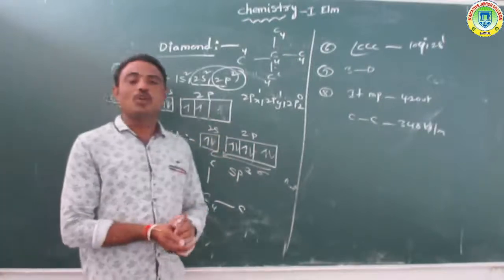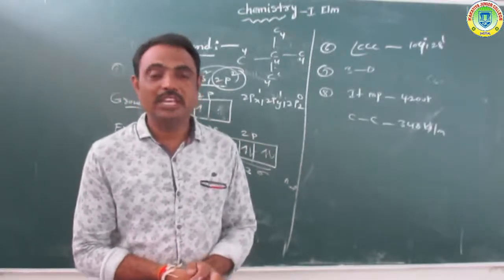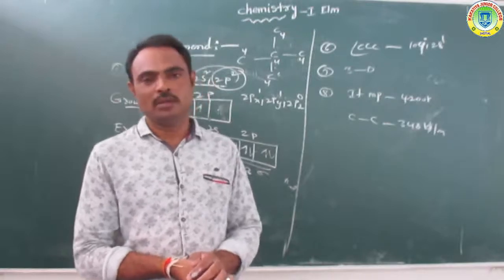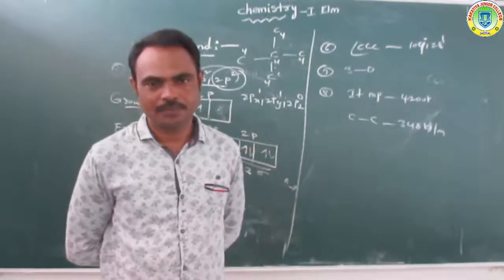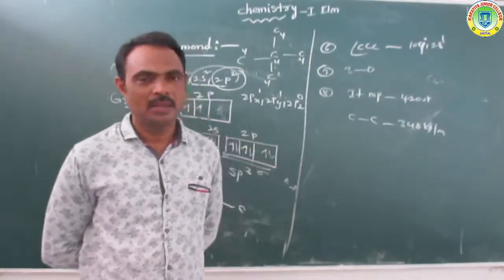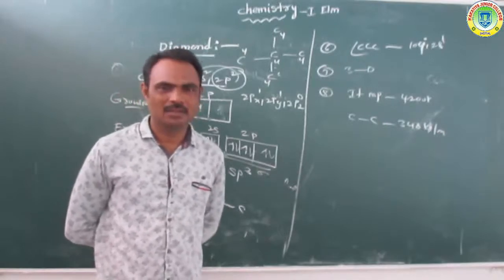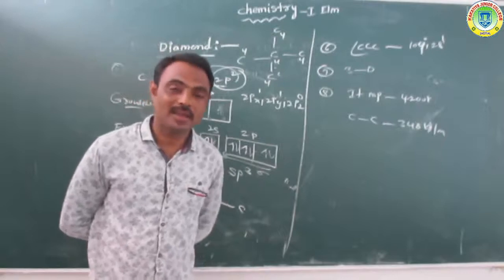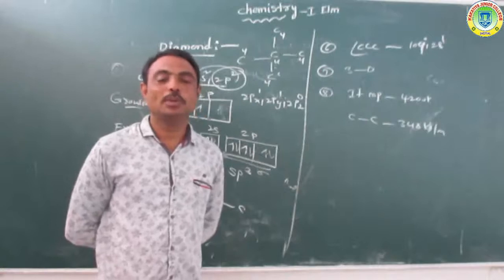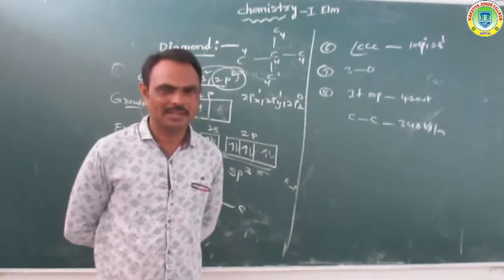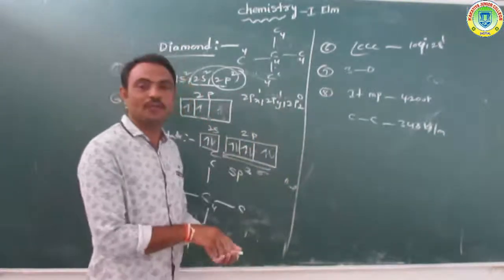So what is the use of diamond? Diamond is a very precious stone, as we already know. It is mainly used for ornaments. Next, it is used to cut glass. And diamond is used mainly for the preparation of dyes. Dyes means different colors. So what is the use of diamond?